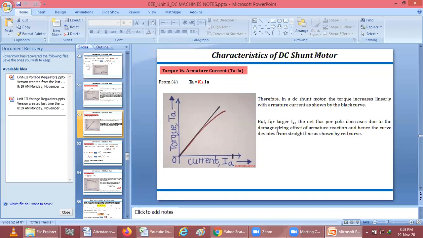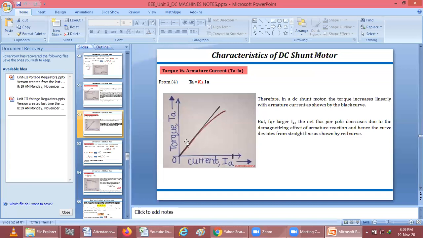But if there is a larger amount of current IA, the net flux per pole will decrease, and this forces a demagnetizing effect of the armature. Meaning, as the current increases, the magnetic flux created will start to demagnetize, due to which there will be some decrement in the torque.